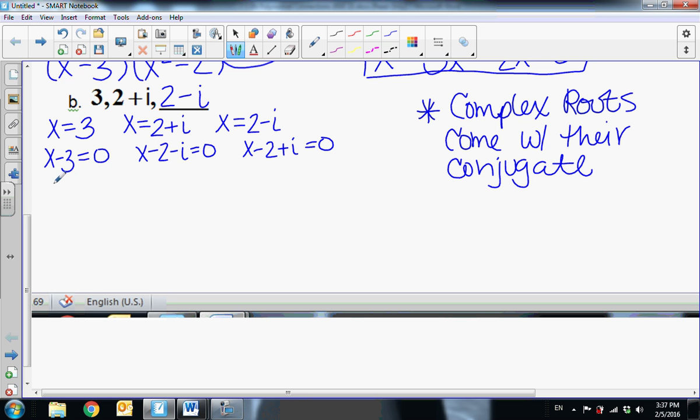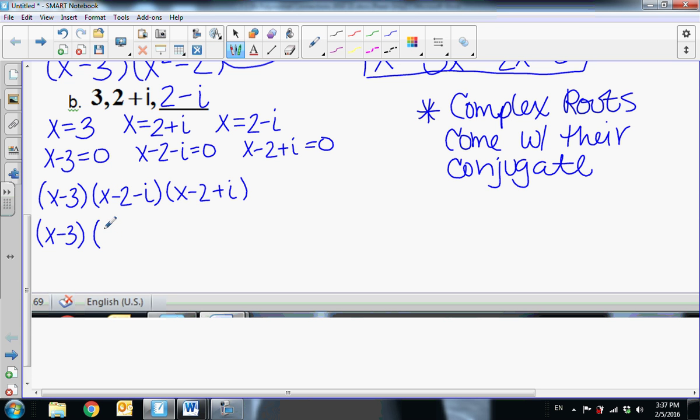All right, so now I'm going to multiply x minus 3 times x minus 2 minus i, and x minus 2 plus i. We're going to multiply the second two binomials first so that we can get rid of some of those i's. Let's go step by step.